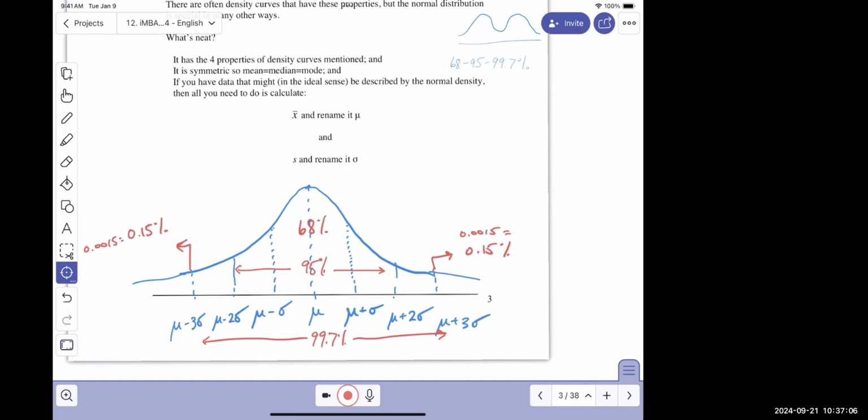So 0.3% total. So for instance, I think I said this last class, if n is equal to 10,000, how many outliers are there, if it's normal? So let's say n equals 10,000, assume normal distribution.